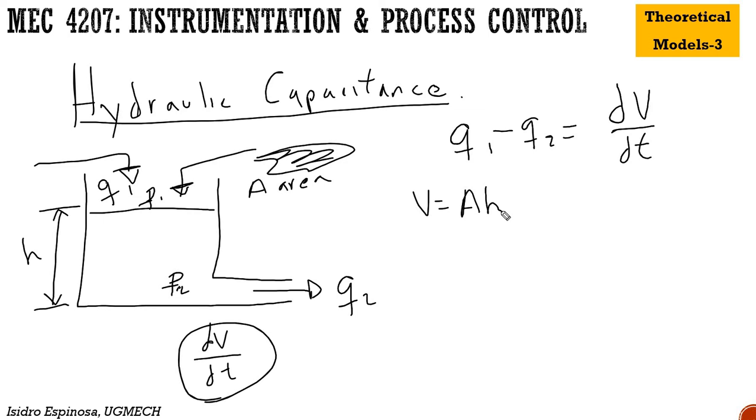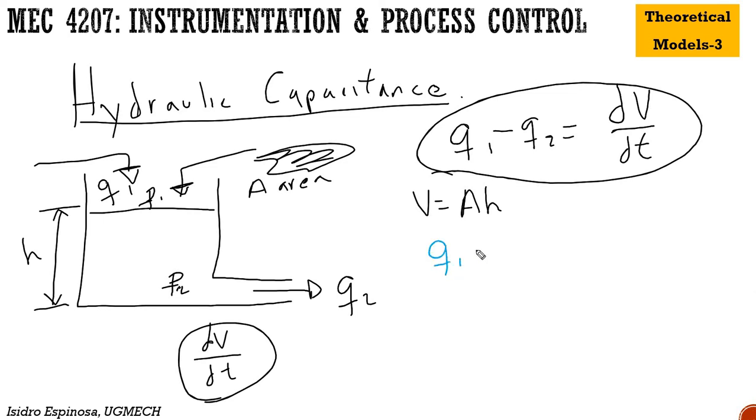So if we rearrange the expression here, we will have something like this: Q1 minus Q2 equal to the change of the area, if the area changes or remains constant, depends, times the height, which can vary depending on the level of the liquid in the container, and the change in time.